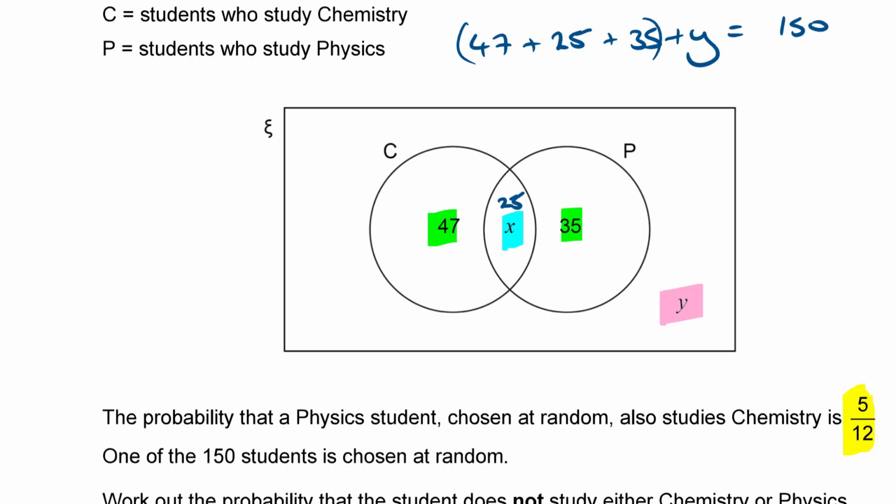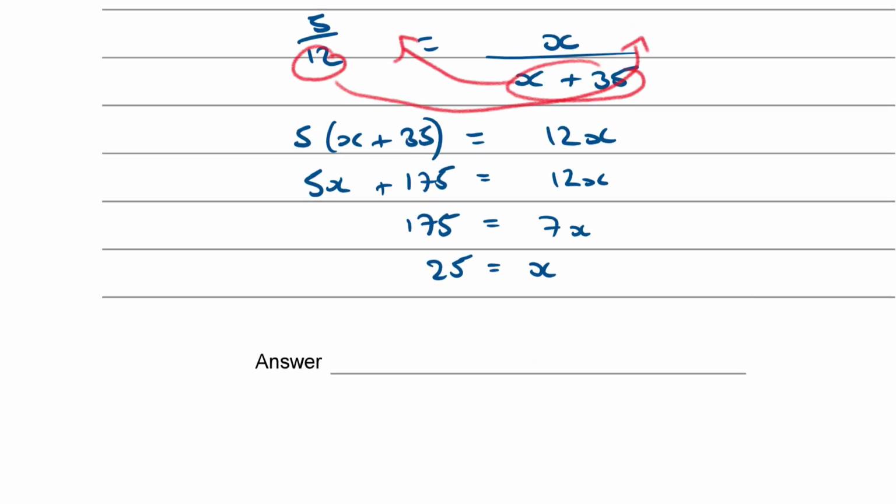Well, 25 and 35 is 60, add 47 is 107. So then y is 150 subtract 107, which is going to be 43. So y is 43.